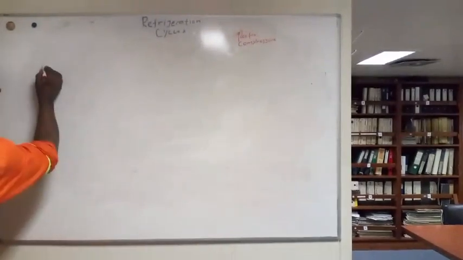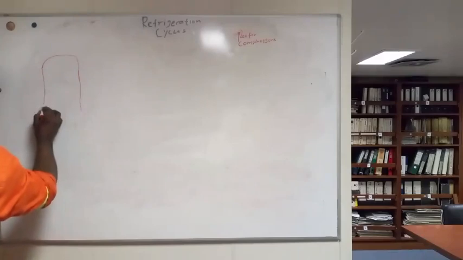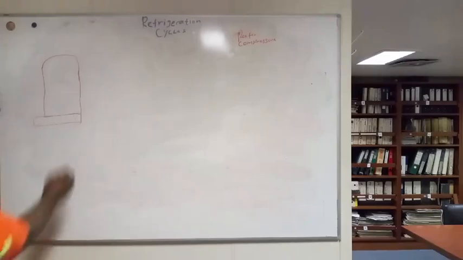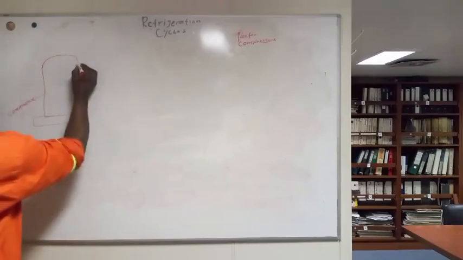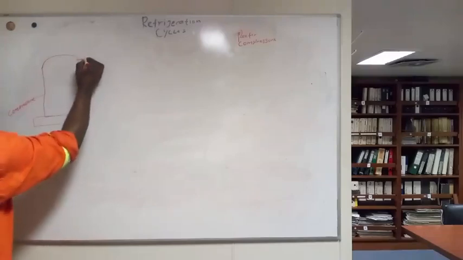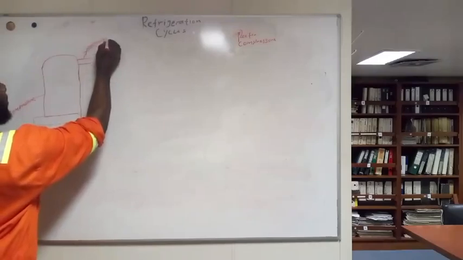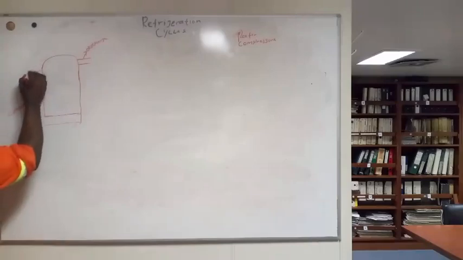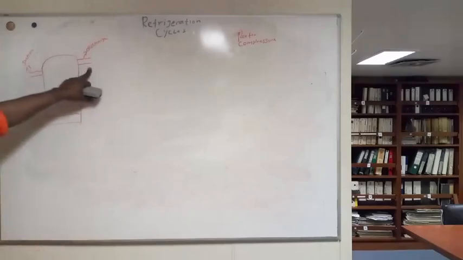This is our compressor. This is our discharge line.